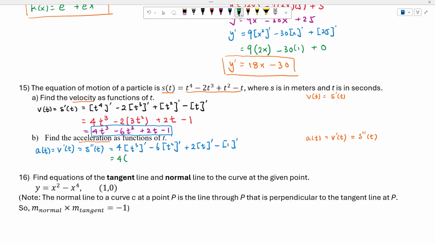Then, of course, I will have 4 times 3t squared minus 6 times 2t plus 2 minus 0. 12t squared minus 12t plus 2. Then this is my acceleration.